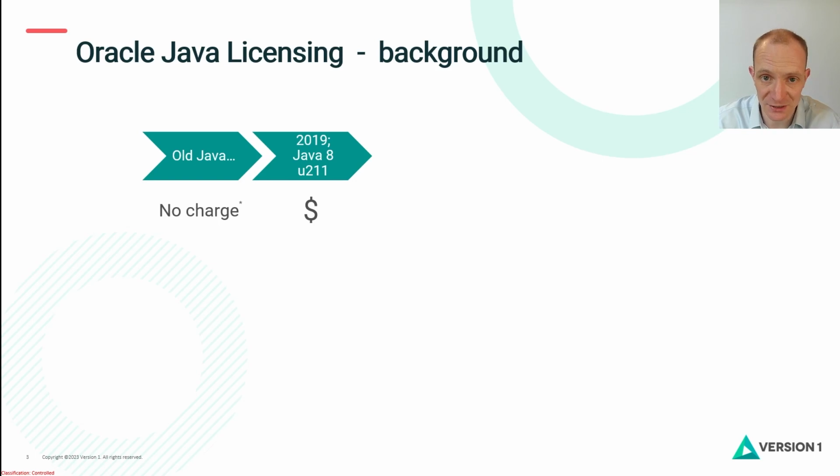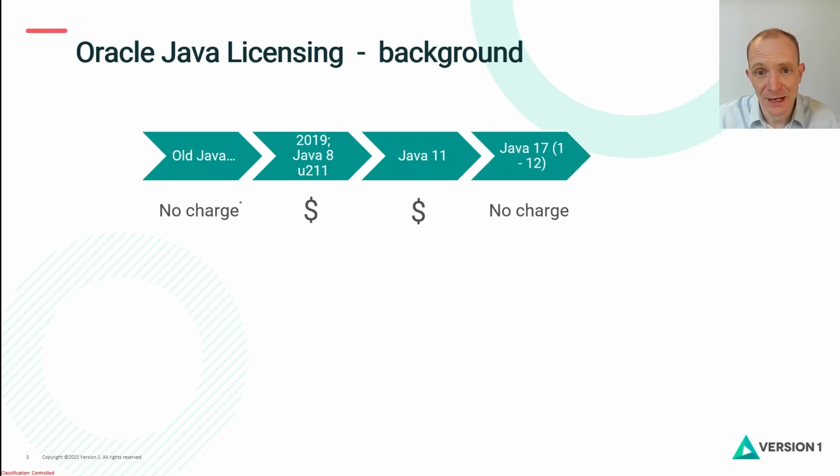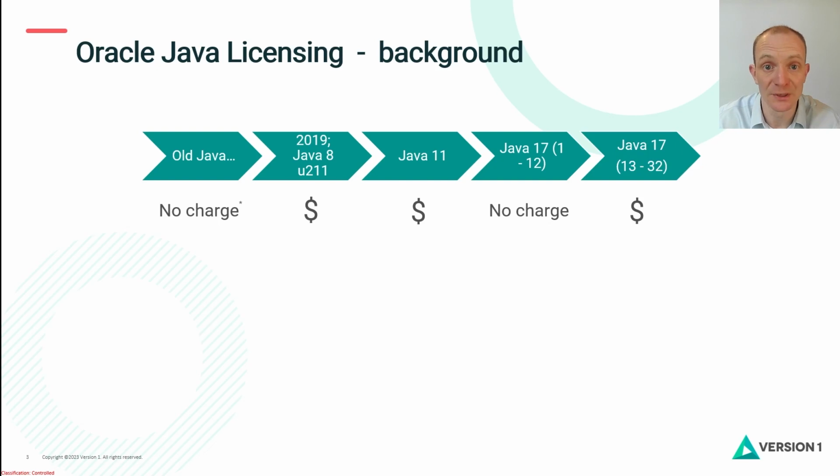That was security patches as well as support that you were paying for via a subscription. Java 11 had the same sort of subscription model in place. Java 17 and onwards, for the first initial release, was under a no fees terms and conditions metric. Later releases of Java 17, as and when they are made available, will be charged for under a similar subscription mechanism to Java 8, U211 and Java 11 through to 16.